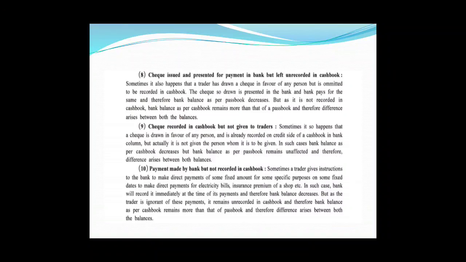So the amount may be debited from our bank account, but the same is not credited in our Cashbook. It is not recorded on the credit side of the Cashbook, that is, the payment side, because we forgot to record. Now the amount is deducted from our balance in the bank, but it is not deducted from the bank column of the Cashbook.